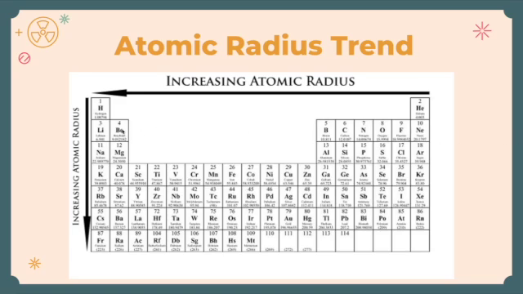So if we look amongst one period, fluorine would have a smaller atomic radius than lithium. Lithium would be larger. And if we look amongst this group, lithium would have a smaller atomic radius than, let's say, cesium. So that's the basic trend.